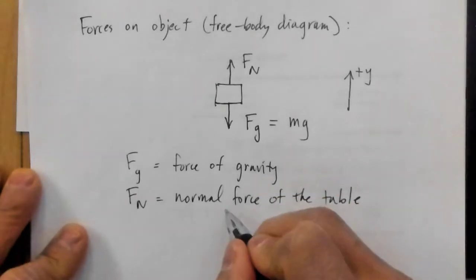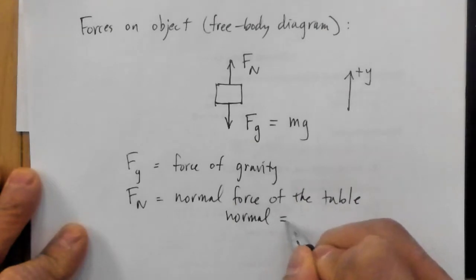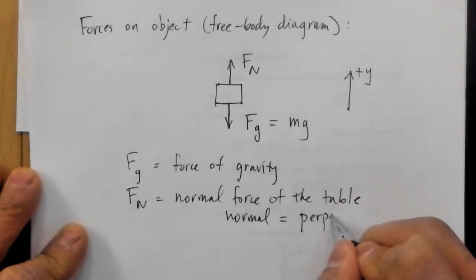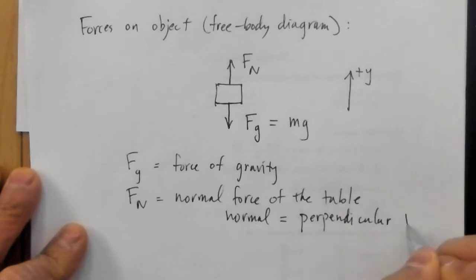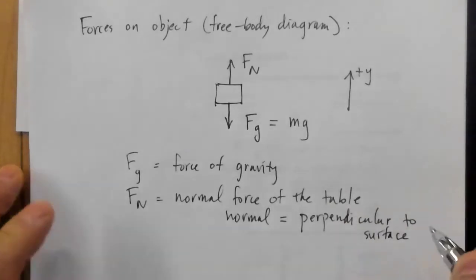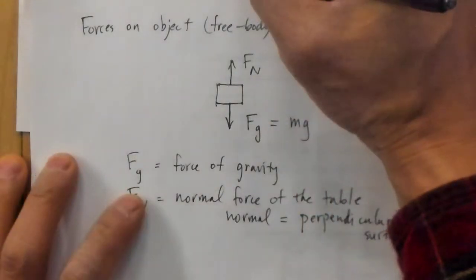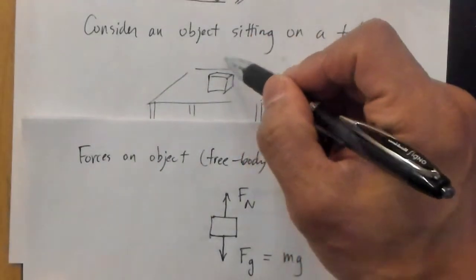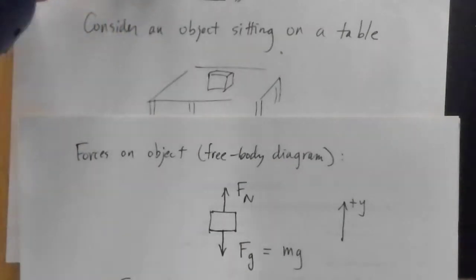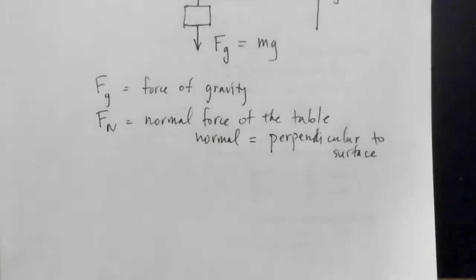We are using the word normal in the less popular sense: normal means perpendicular to the surface. There's a surface between the object and the table, and you can have a vector parallel to that surface, or a vector perpendicular to it. The normal force is perpendicular to the surface, pointing straight up. Everybody clear on that?